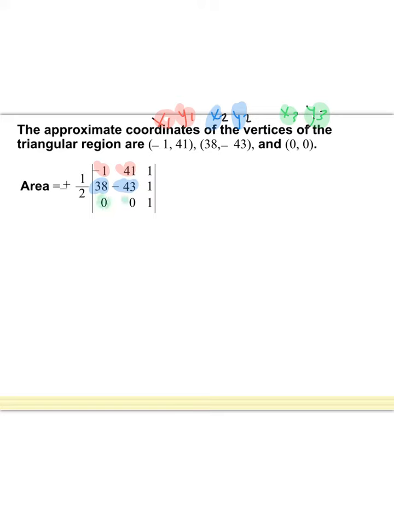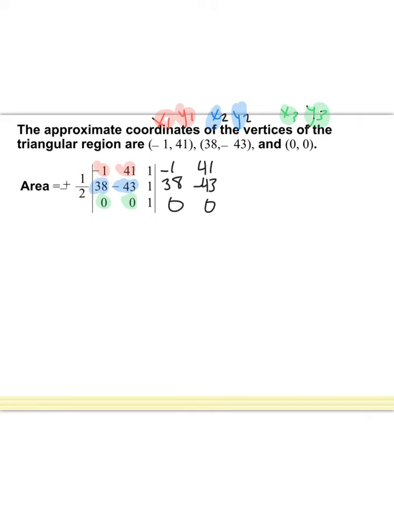And then my 3's are at the bottom. And remember, we fill our third column with 1's. And before we can do our diagonals to find the determinant, I need to copy in my first 2 columns. And now we should be good to go.